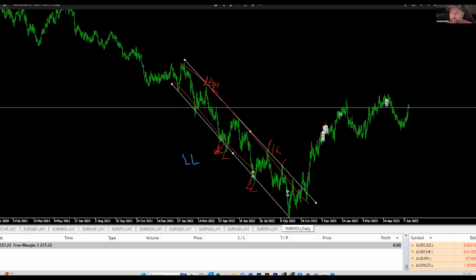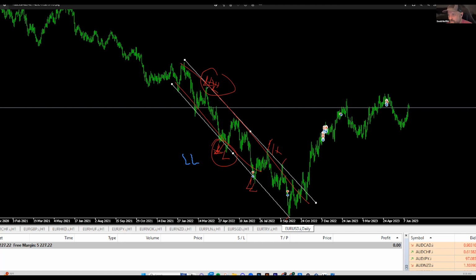That's kind of like the three things that we're looking for. How do you ensure you're in a channel in real time? You start looking for those, right? So if you're in it, you start looking for these higher lows and lower lows.